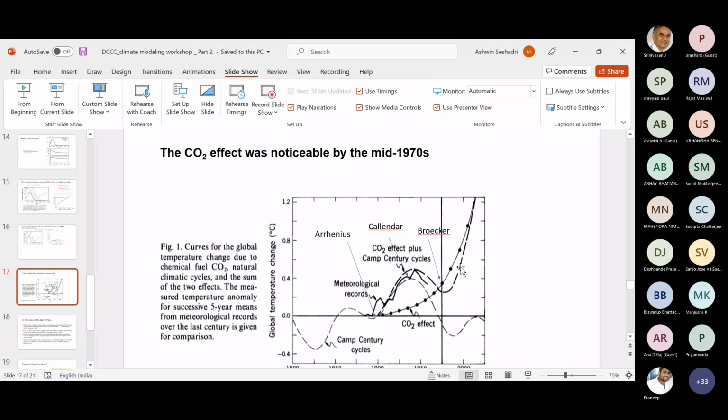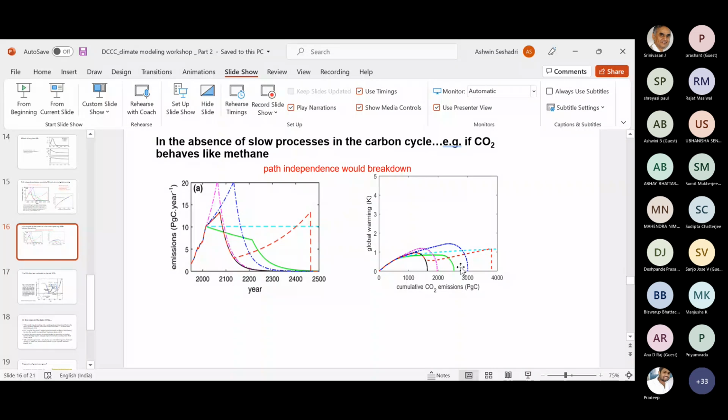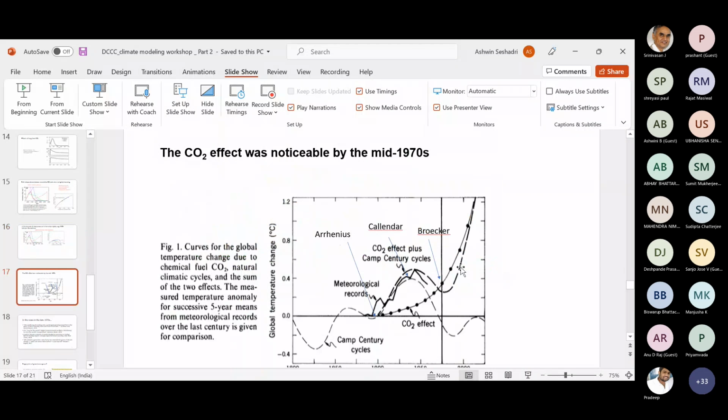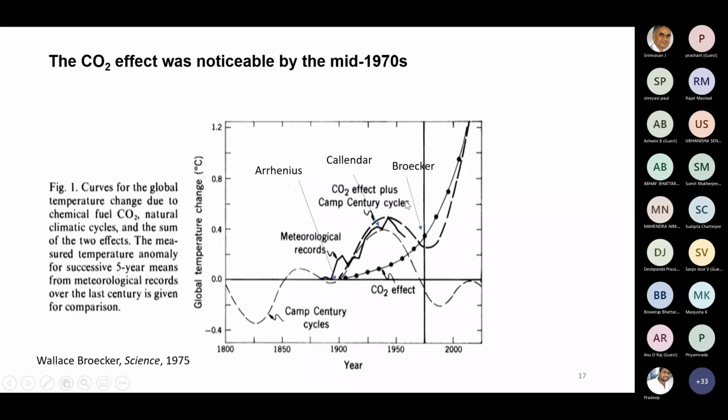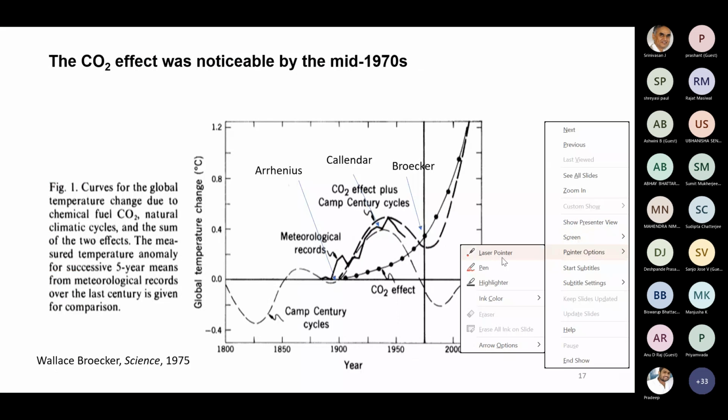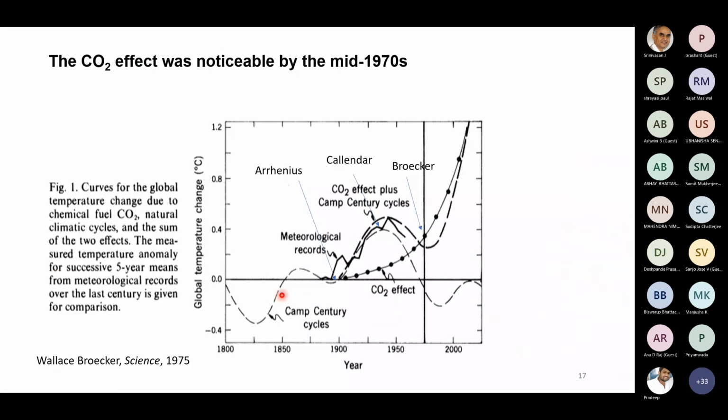In the 1970s, the CO2 effect was noticeable. The thin dashed line that you see here, let me turn on my pointer. The thin dashed line, right?